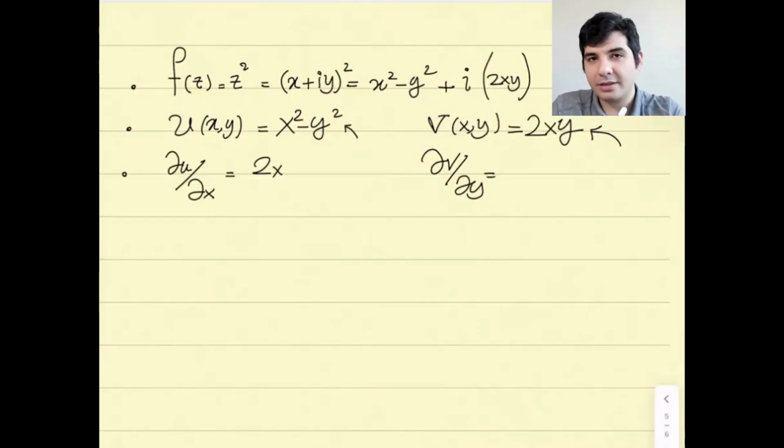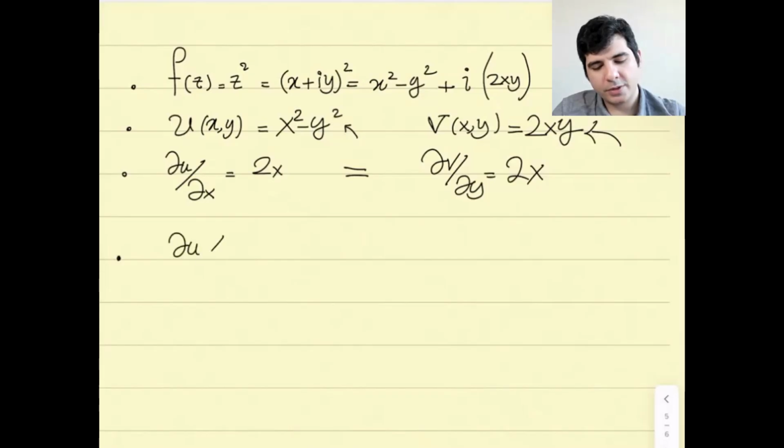So 2x is like the constant coefficient of y, so the derivative would be its coefficient, which is 2x. And you see these two are equal. The derivative of u with respect to x is equal to the derivative of v with respect to y.